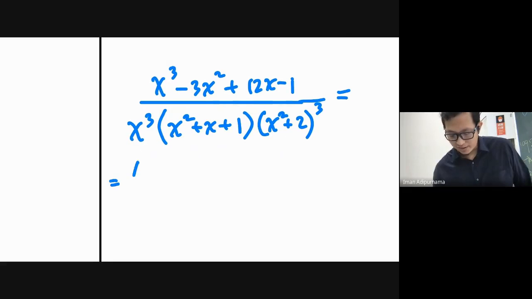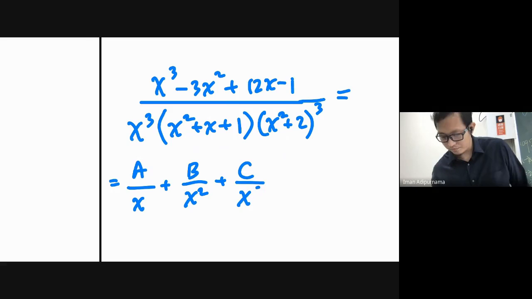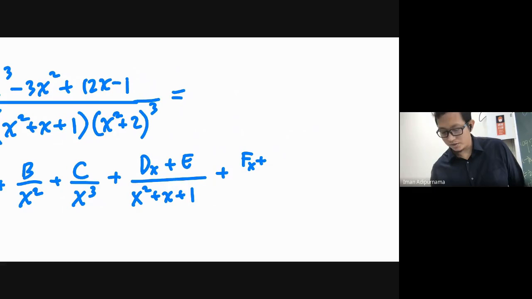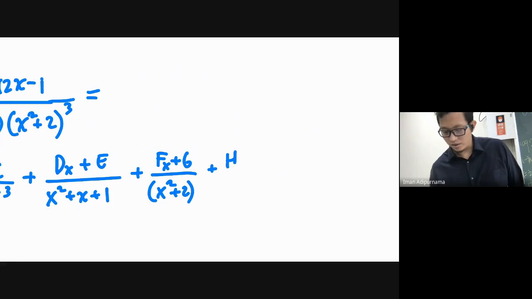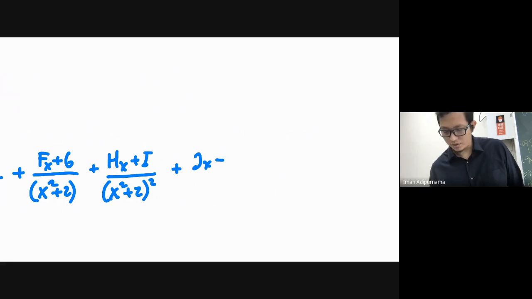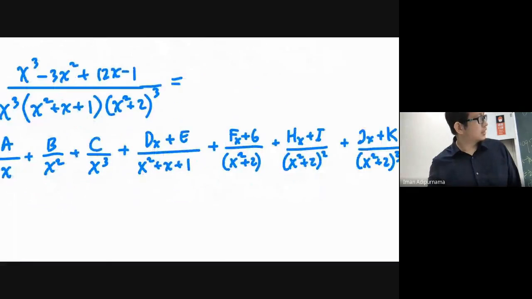So you are writing a over x plus b over x squared plus c over x cubed, and then plus (dx plus e) over (x squared plus x plus 1), and then plus fx plus g, and then plus hx plus i, and then plus jx plus k, and that's it, the constants.